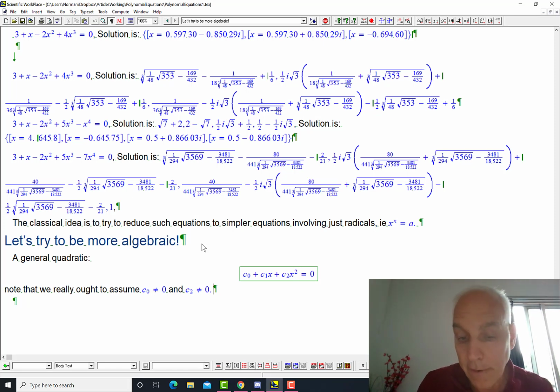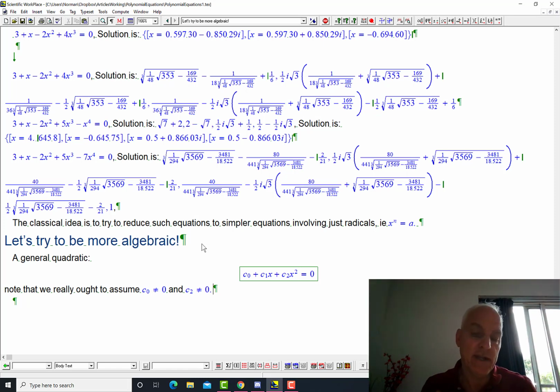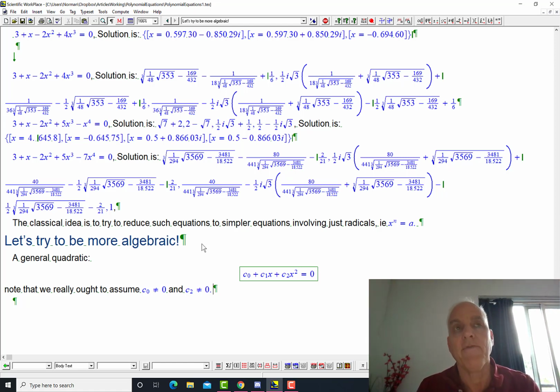In particular, we might even eventually think about c0, c1, and c2 as variables. Now, those of you who have watched my videos will know that I don't like to think about variables. I rather think about polynumbers, okay? And so we would want to think about those variables as being developed in a polynumber framework.